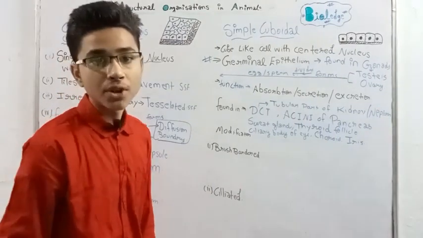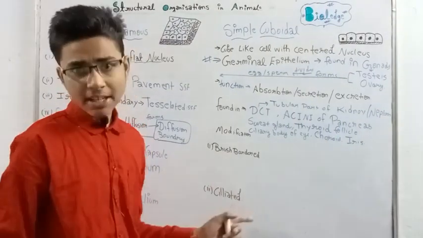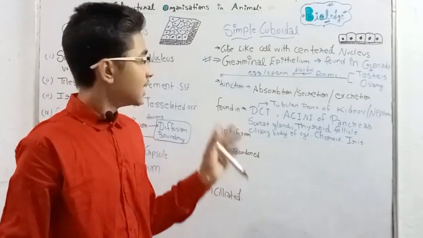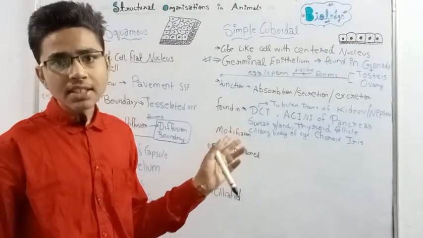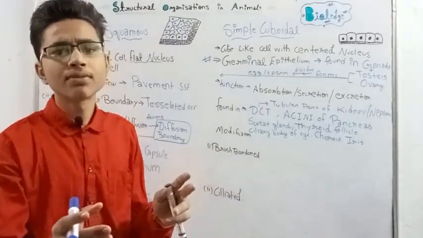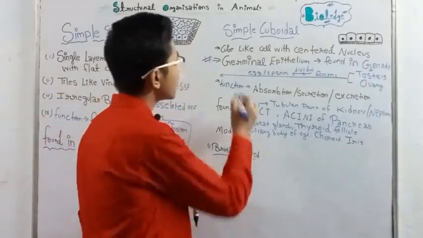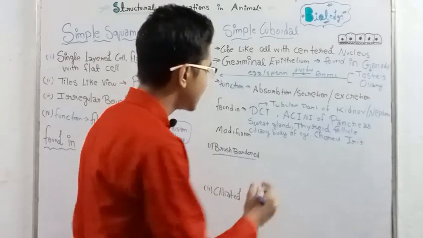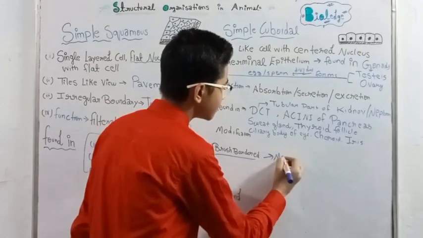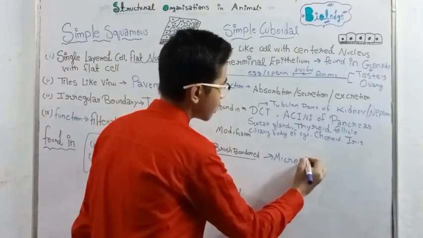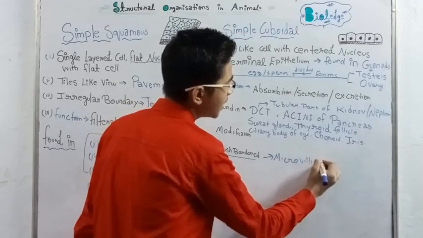Now we have some modifications here. What is the meaning of this term modification? These tissues or cells are modified into another kind of cells or tissues. So in the brush border, they are actually a part of this simple cuboidal, but they have developed microvilli. Now what is this microvilli?